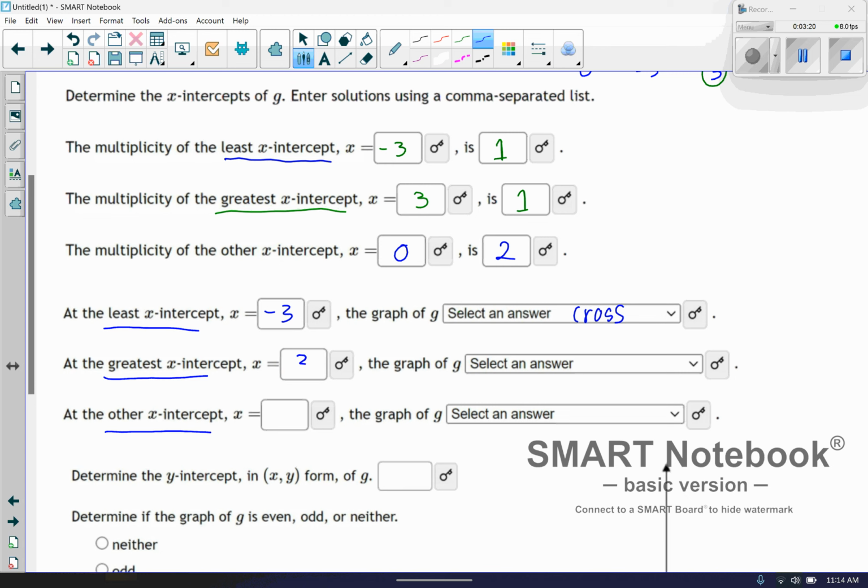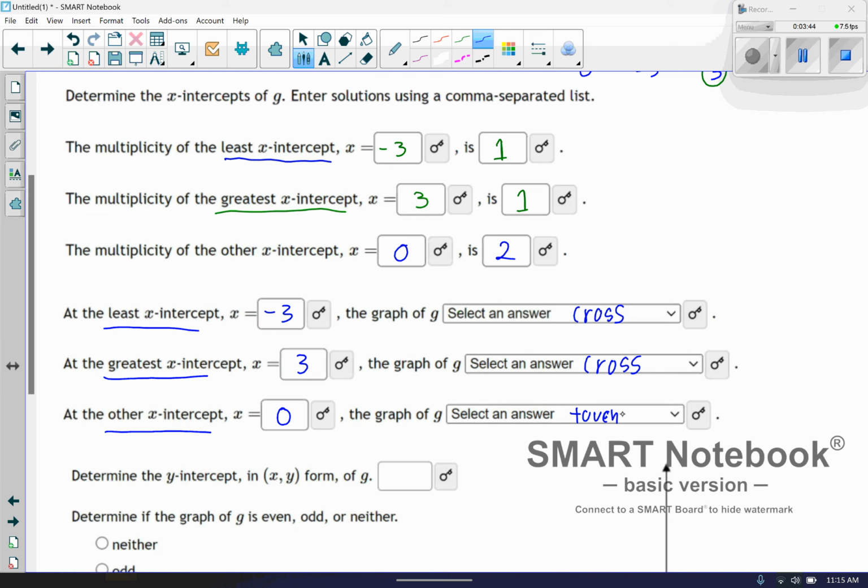Then for my greatest one, 3, also it's going to cross because its multiplicity is 1. Then my other one that's in the middle, 0, that one has an even multiplicity, so that means we're going to touch and turn around. And so there we are.